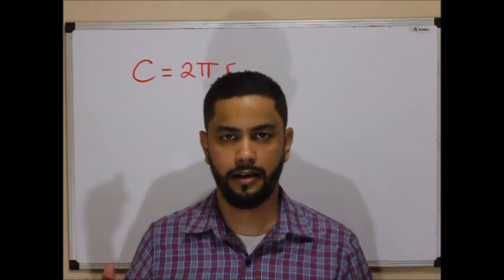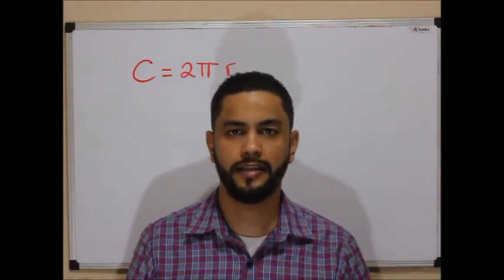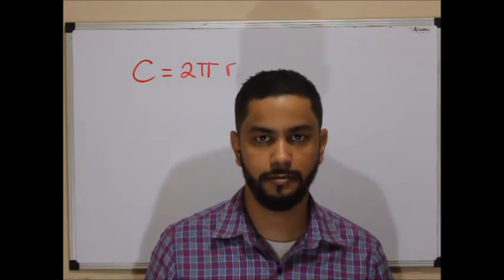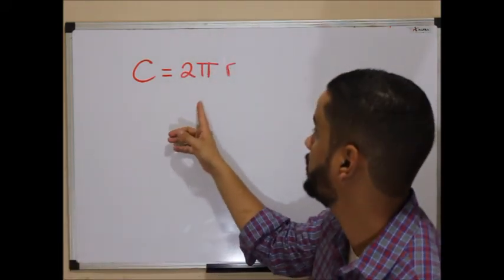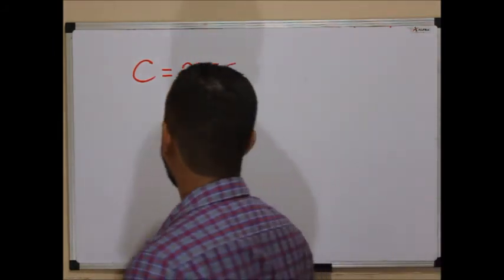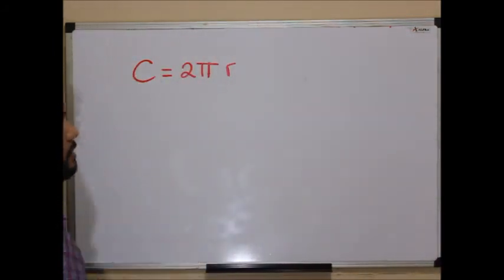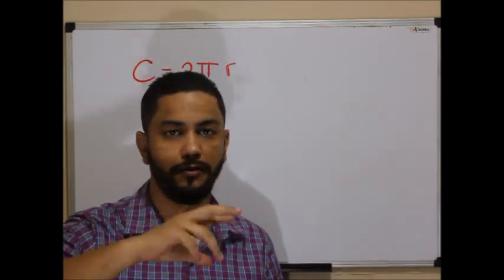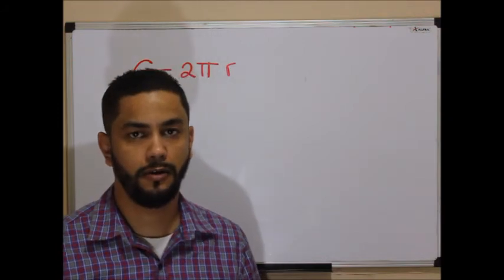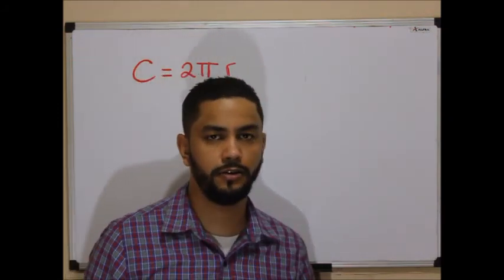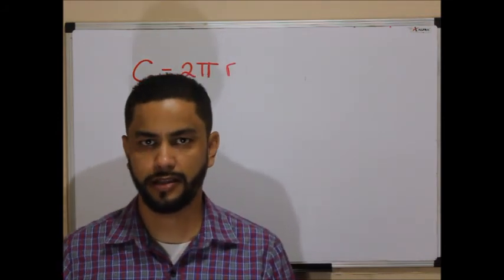One last thing about that formula. We're going to make a rearrangement in this formula for circumference using just the radius. 2, pi and r are multiplying each other, so we can move those factors because it doesn't matter the order of the factors, the result will always be the same.